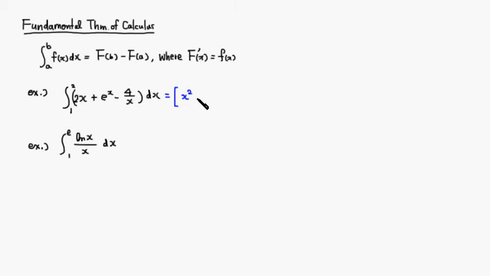The antiderivative of e to the x is still e to the x. Negative 4 is just a constant multiple, and the antiderivative of 1 over x is natural log of absolute value of x. Then you write down the limits, so x goes from 1 to 2.